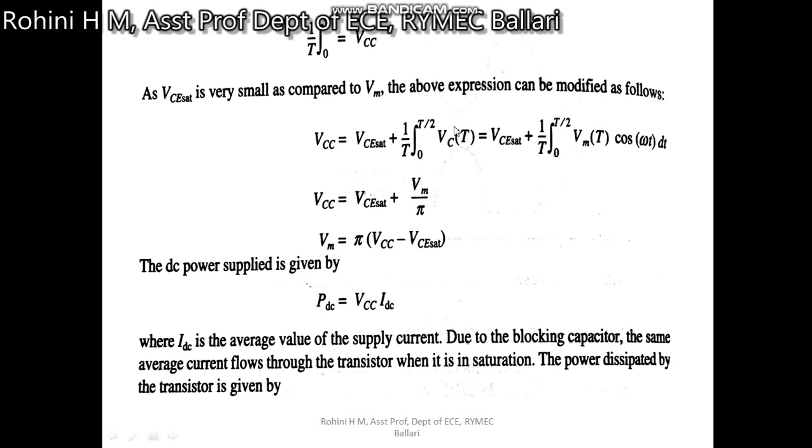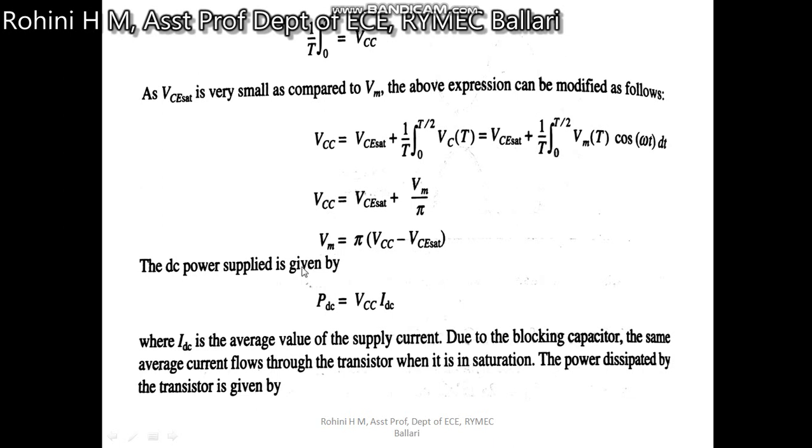If we substitute Vm cos omega t for Vc of t and integrate over 0 to T by 2, we obtain Vm by pi. Therefore, when we equate it for Vm, we get this expression.